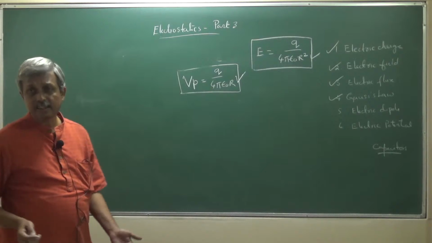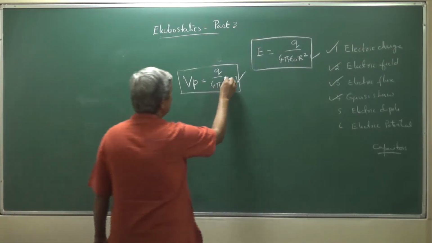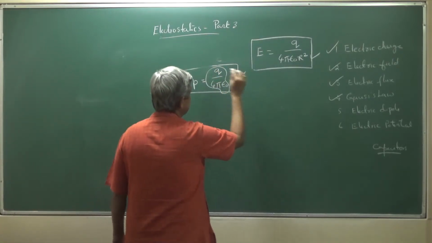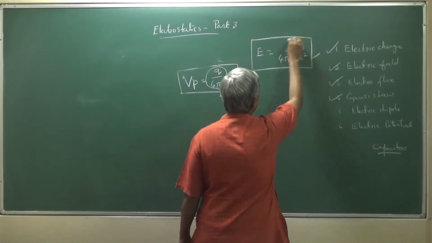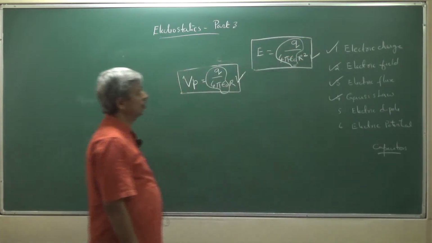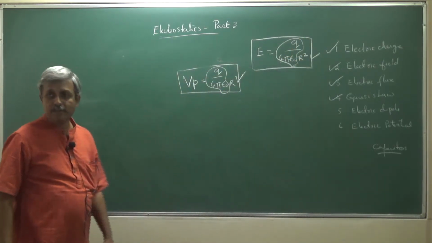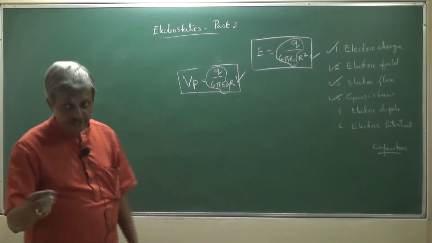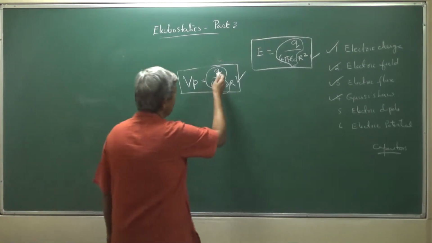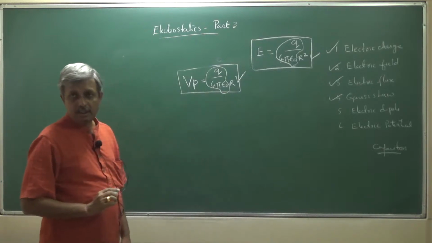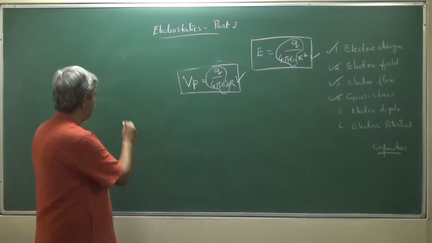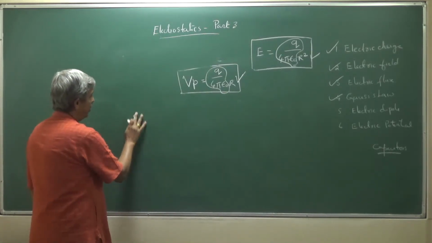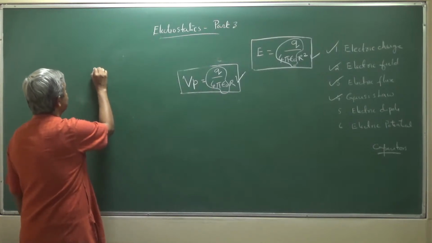So in both cases, q by 4 pi epsilon naught is there. Correct? The only difference is one of them is 1 by r squared, the other one is 1 by r. So for example, I will call this q by 4 pi epsilon naught. For a particular charge, I will keep some charge.